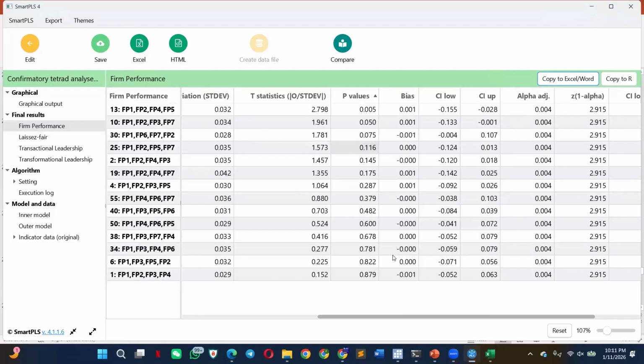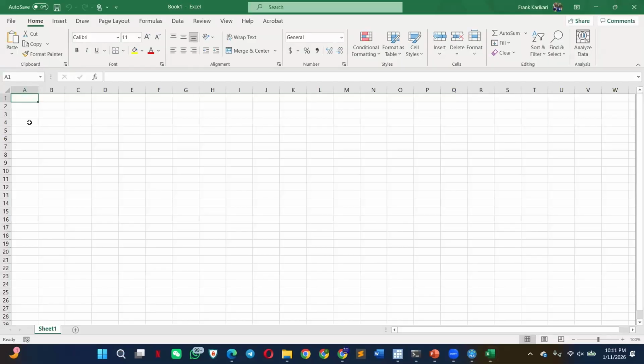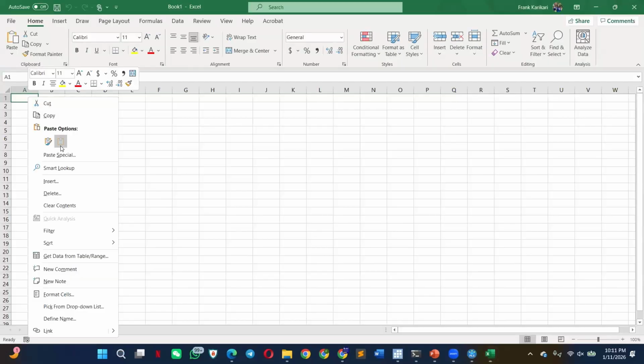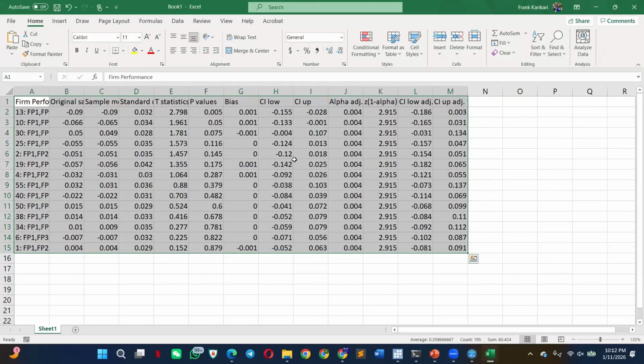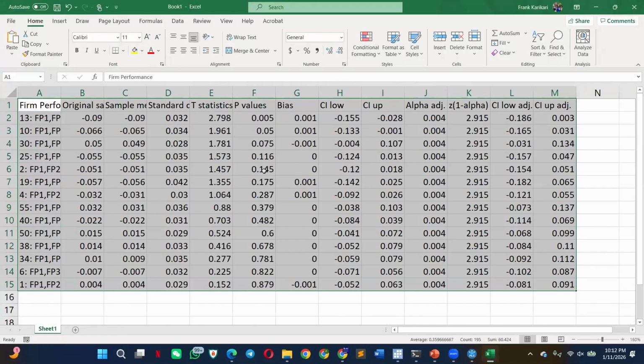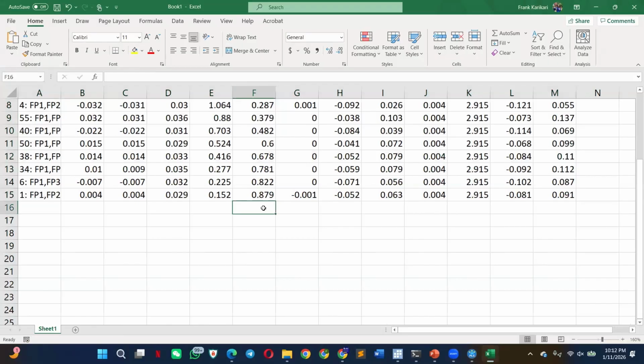Let me send this to Excel and then we see how best we can go about it. I want to see the percentage of the test paths that are not significant, to see if approximately more than 75% of them are non-significant.